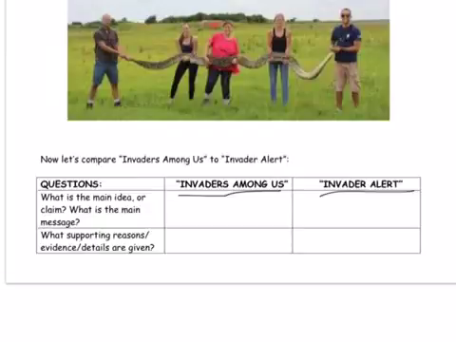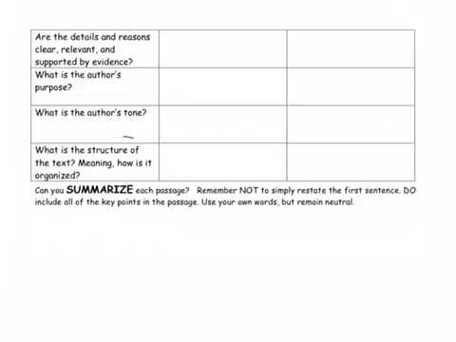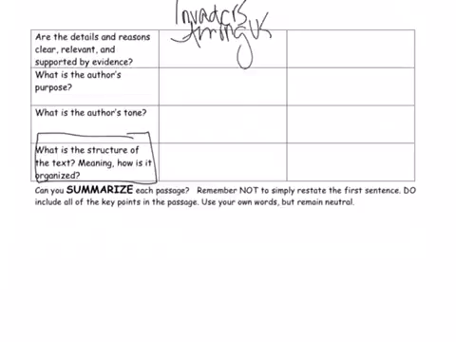we can discuss that. So if you take a look at this section here, it asks what is the text structure of the text, meaning how is it organized. And this column is for Invaders Among Us, and this column is for Invader Alert.